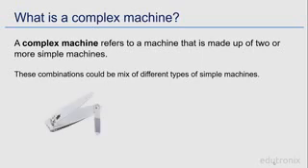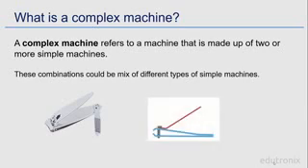In the example below, you can see that we have a nail clipper which has several simple machine parts. Take a look at the second image. You see that we have a lever, which is a simple machine type. However, we also have another lever which also works in a separate fashion.